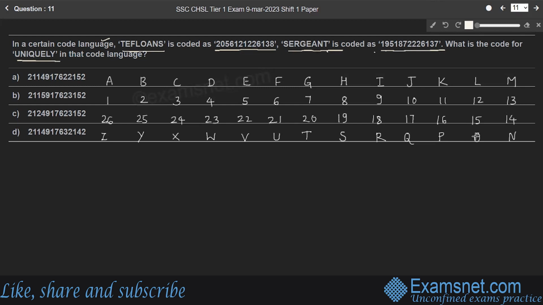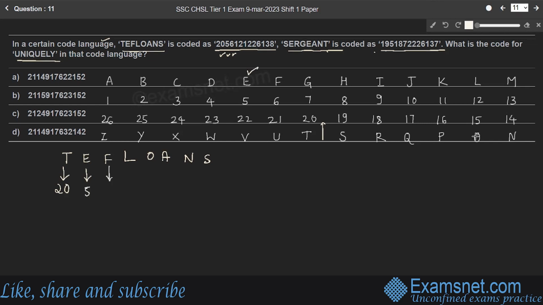So consider TEFLOANS. Right, is coded as 2056. Here, positional value of T is 20. Therefore, T is coded as 20. Right? E is coded as its positional value, which is 5.